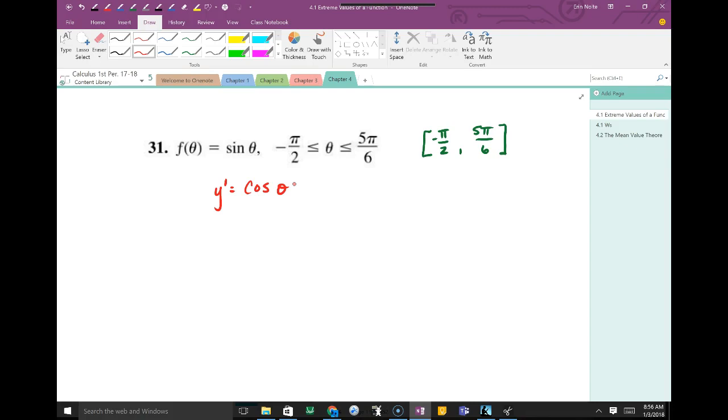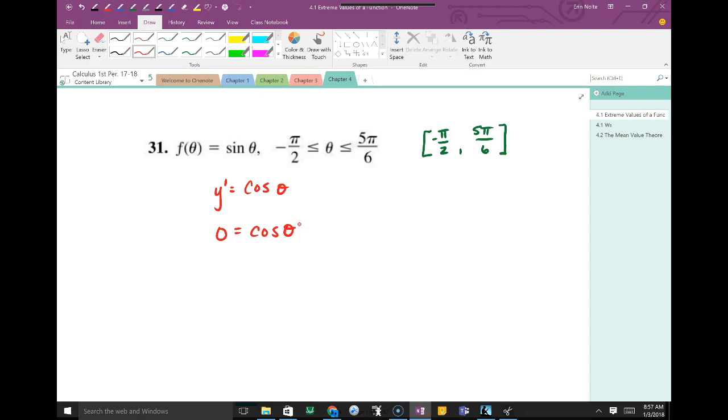Okay, now what do I do? Set it equal to 0. So do you remember how to solve an equation with trig? So I'm grabbing my unit circle. Do you have it in front of you? Maybe you got it mentally now.